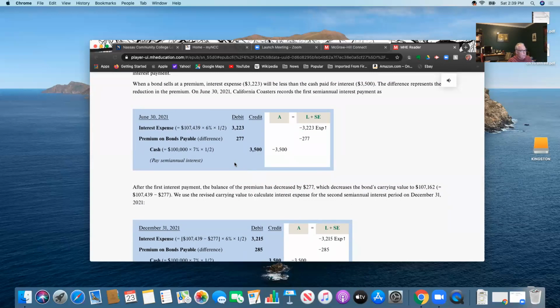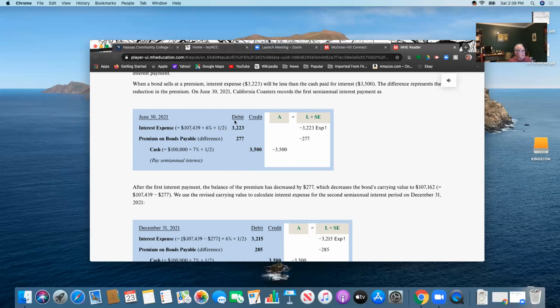So here they walk you through the entries. Now notice the debit to interest expense is less than the credit to cash. Remember with discount, the debit to interest expense was more than the credit to cash. So again, like I said, discount represents additional interest expense.